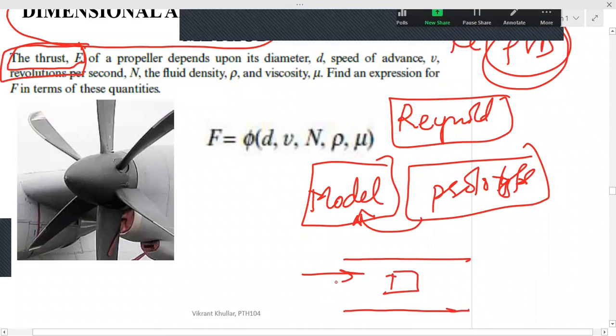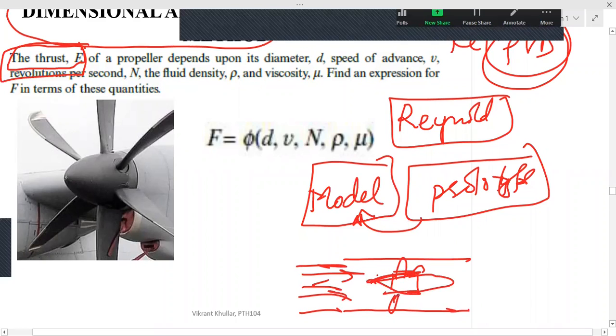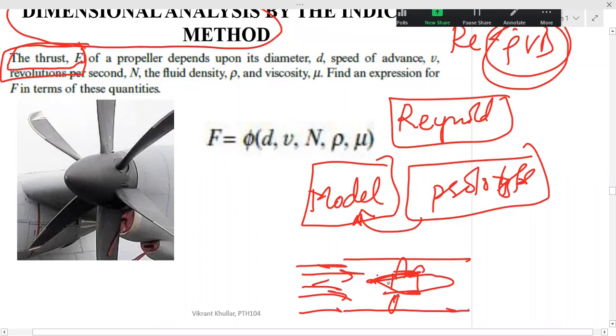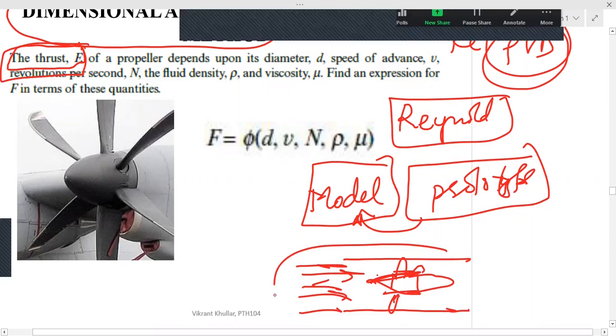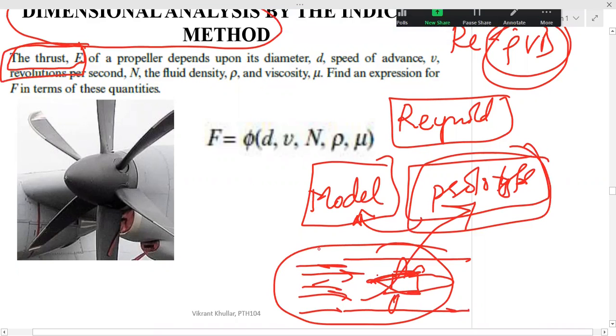And then you will make the fluid flow past that model, and you will look at how it behaves, and these results could then be extrapolated to the real life prototype.